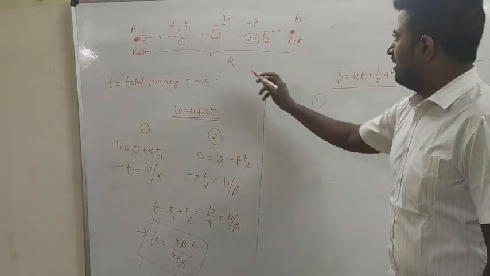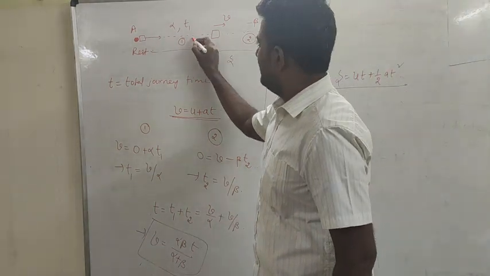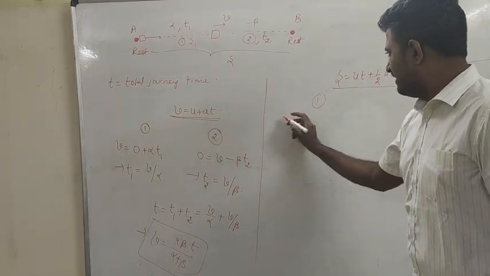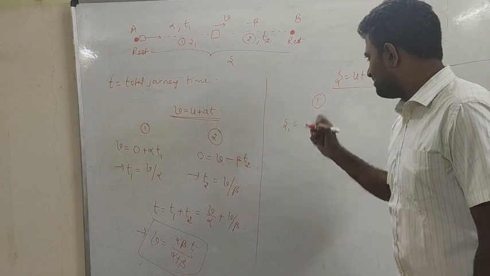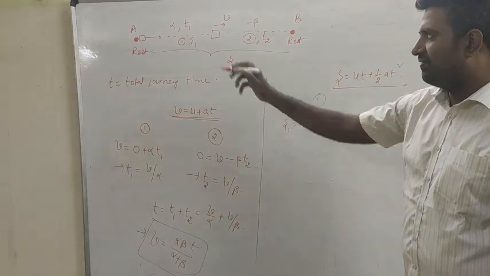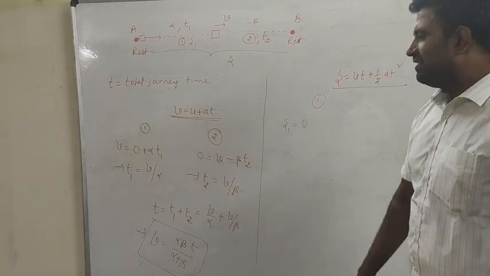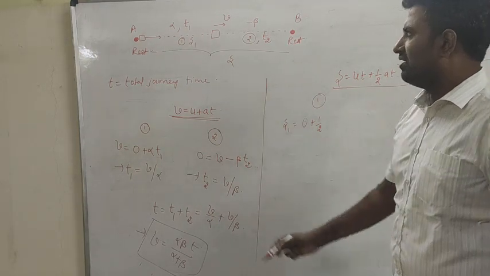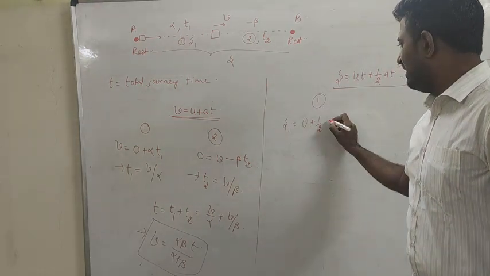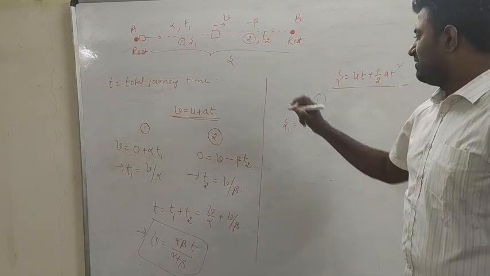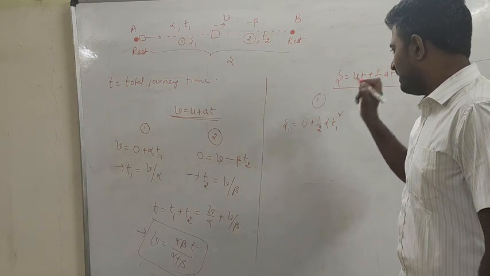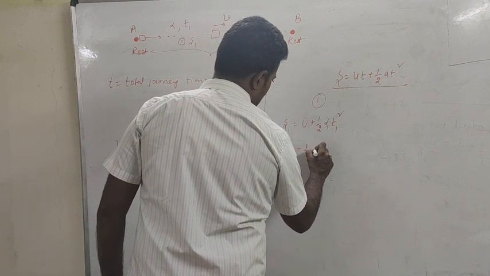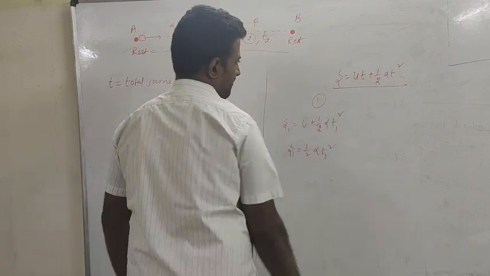In part 1, let us assume that S1 is the displacement. Initial velocity for the first part of the journey will be 0, plus half into acceleration alpha, time for the first part of the journey t1 square. This implies S1 equals half alpha into t1 square.